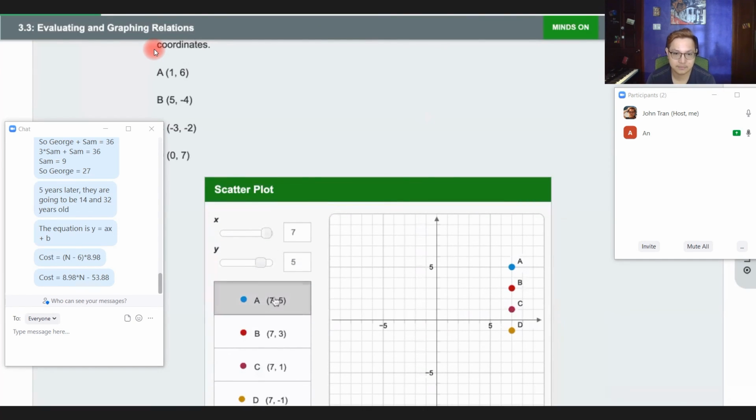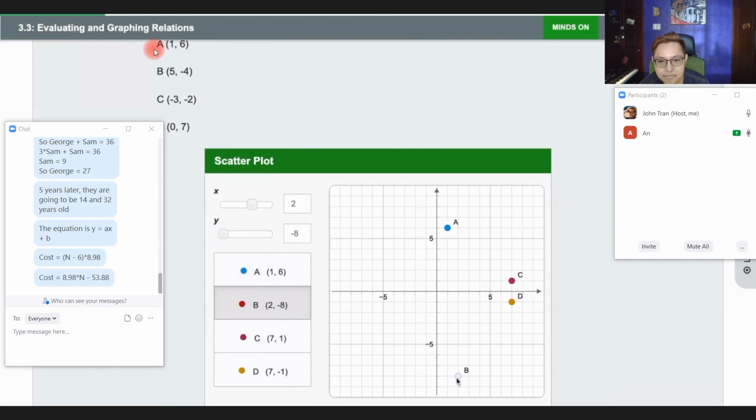Okay, so A is 7, 1, 6. B is 7, 3, 5, minus 4. Wait, that's not 5, negative 4.